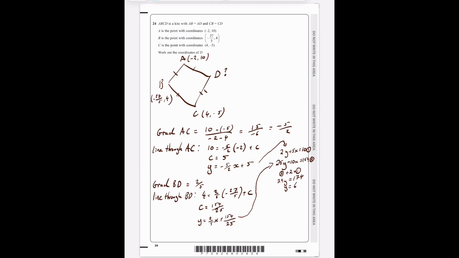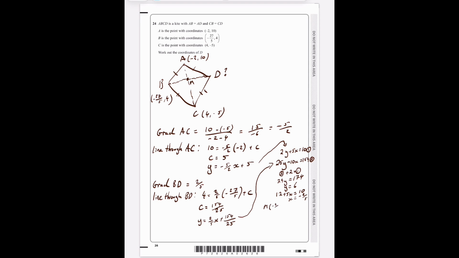Y is therefore 6. Substitute 6 back into either equation, whichever one you fancy, and you'll get x is negative 2/5 once you solve it. And therefore we have the coordinates of the midpoint of the line BD, which is negative 2/5, 6.